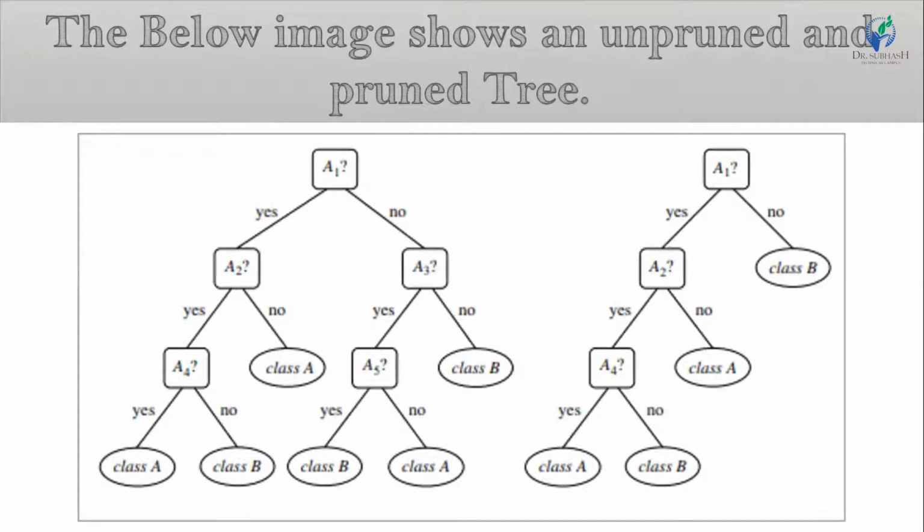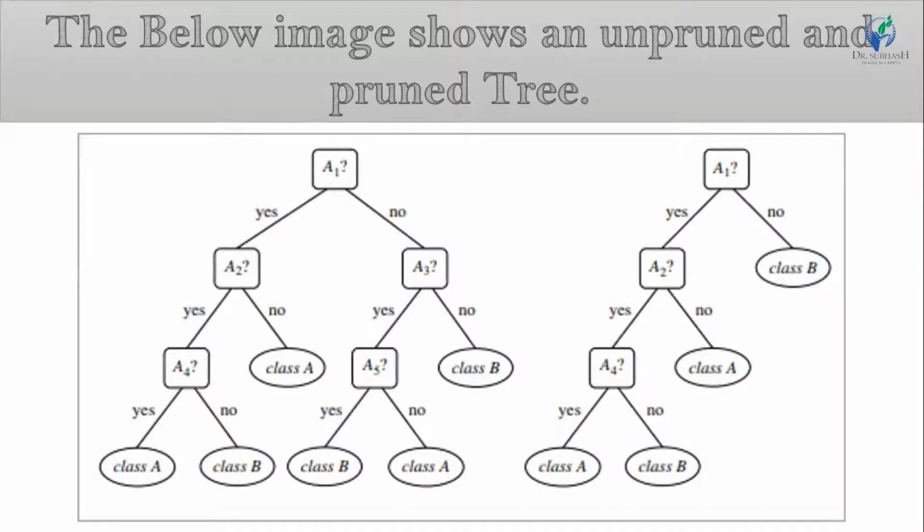The unwanted branches are removed and replaced by a leaf node denoting the most frequent class. This technique requires more computation than pre-pruning, and the pruned trees are more precise and compact when compared to unpruned trees. So, this is about unpruned and pruned trees.